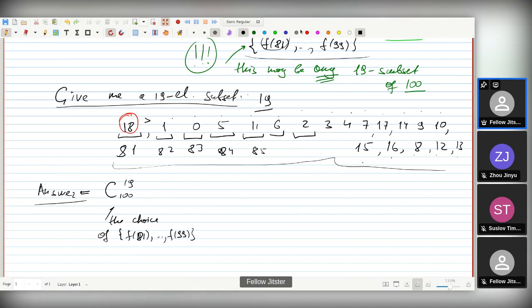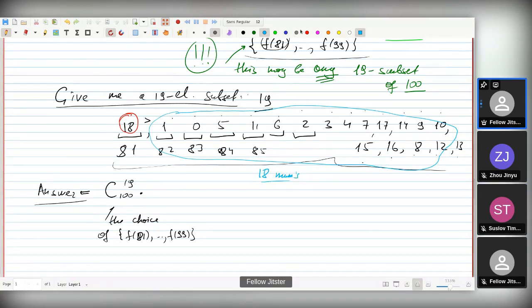Is it clear? Then we shall have some freedom, which is to rearrange these numbers. How many numbers do we have? 18.